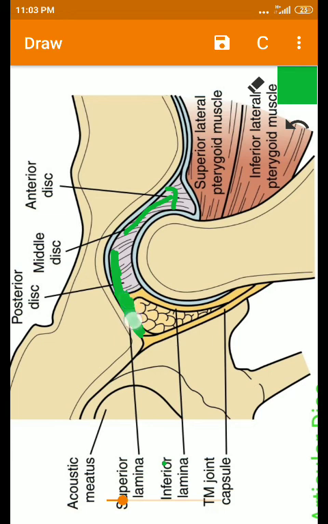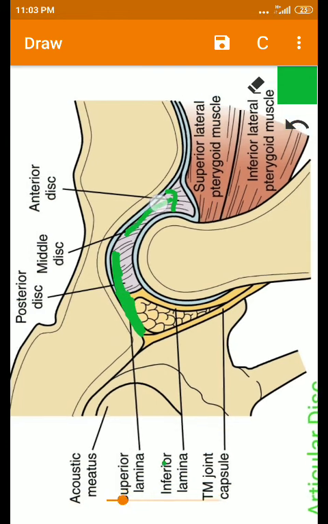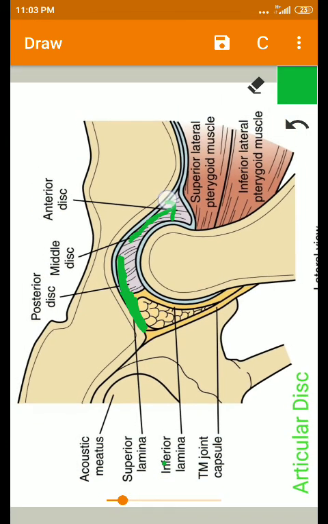The superior lamina allows the disc to translate anteriorly along the articular eminence during mandibular depression, which is nothing but opening of the mouth.